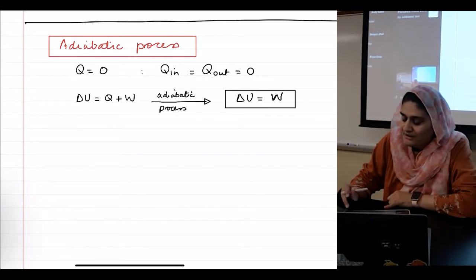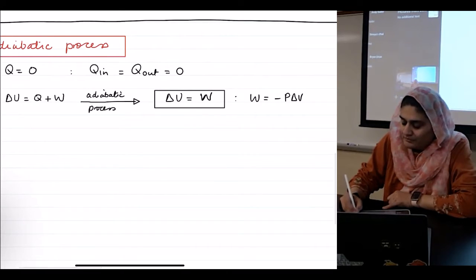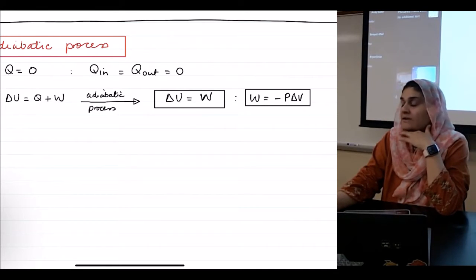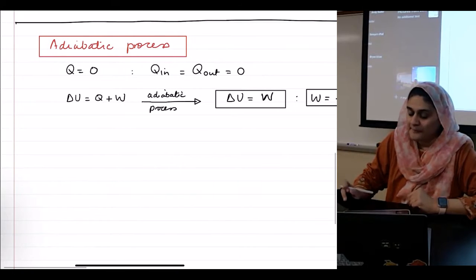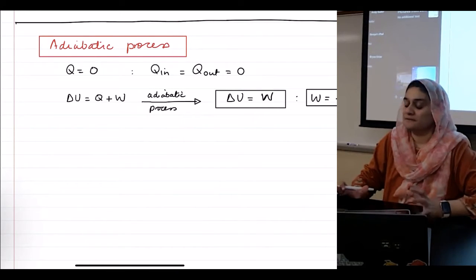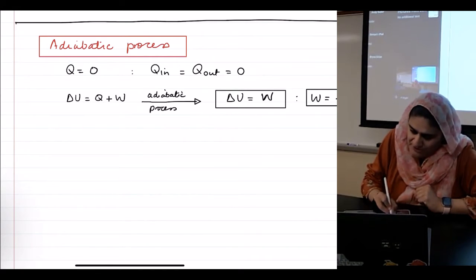And what was W? Right? So W is negative P dV. Okay, so how is this achieved? Well, this is achieved when we consider two situations.